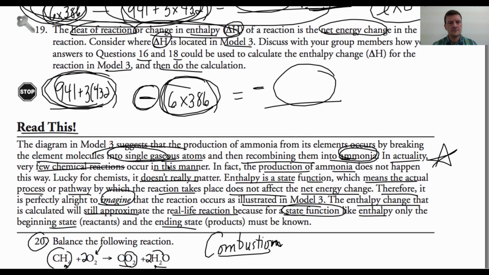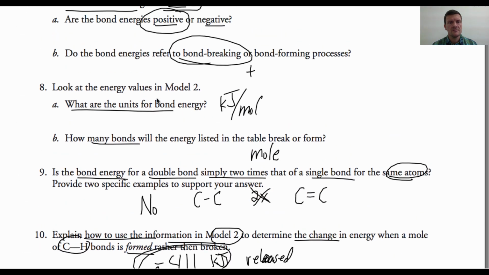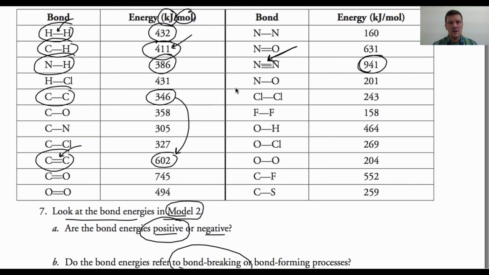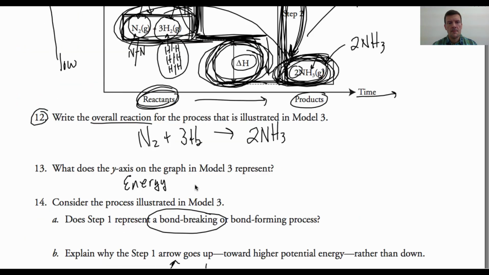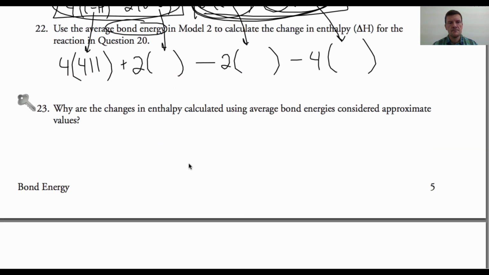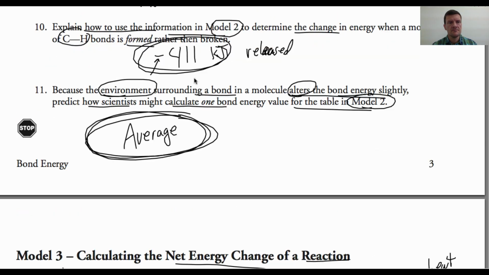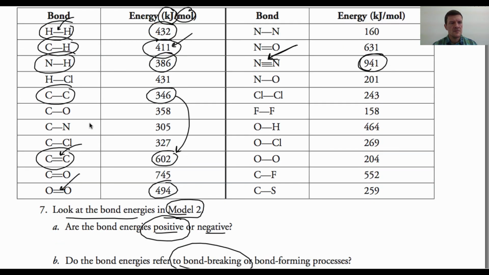So carbon, hydrogen, 411. Drop that in there. My double bond with oxygen, here it is, 494. Drop that in there. My double bond with carbon and oxygen, carbon, oxygen, double bond, 745.